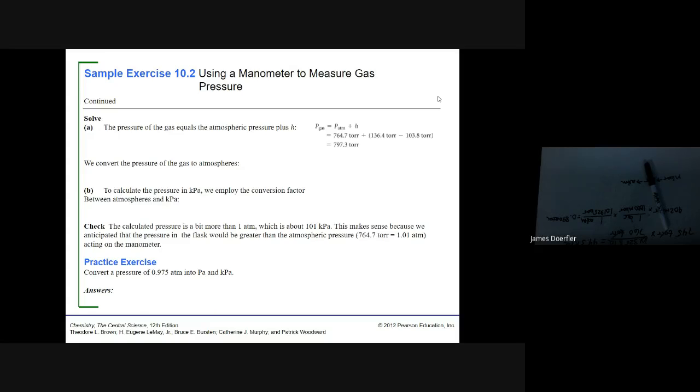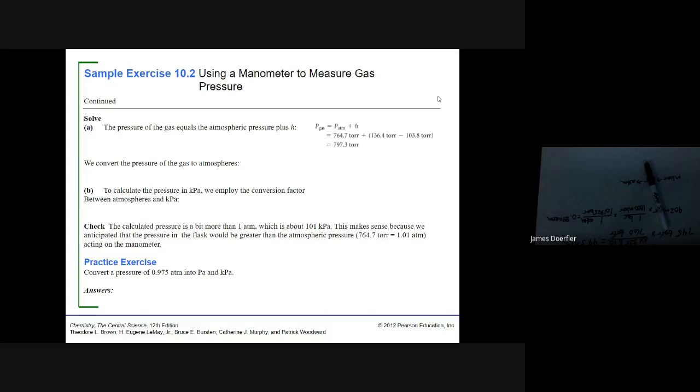When you subtract them, you're always going to subtract the left side value from the right, right minus left.